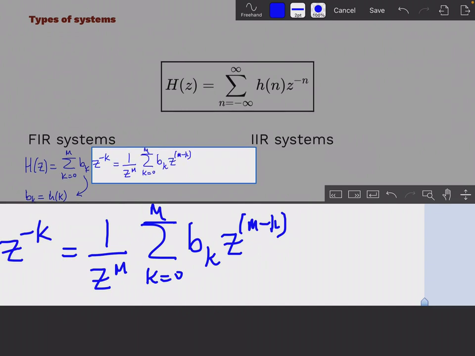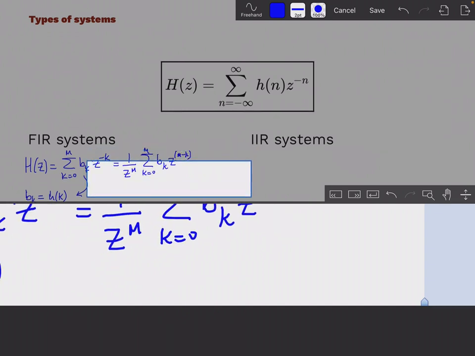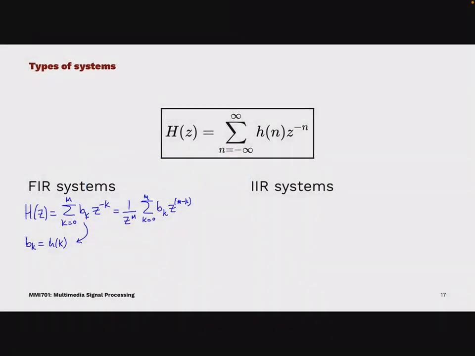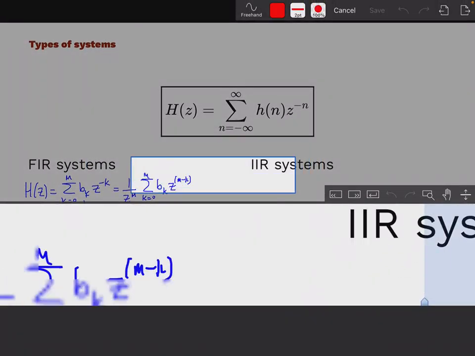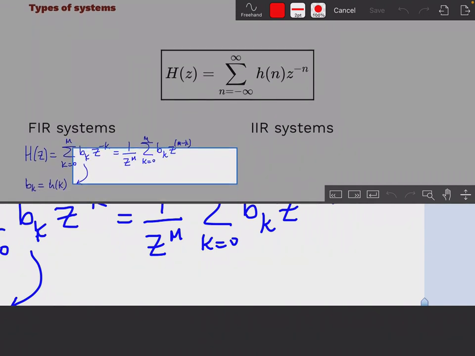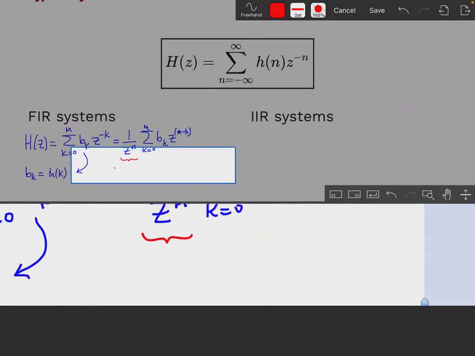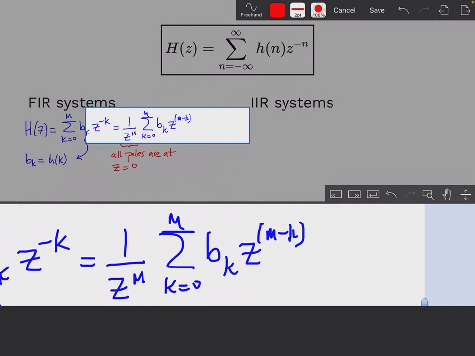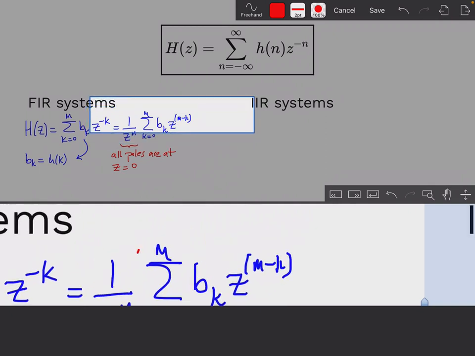But then we also have a denominator polynomial, which means we have a system which has all of its poles at z equals 0. So all poles are at z equals 0. And the zeros are just the roots of this second polynomial. Okay?